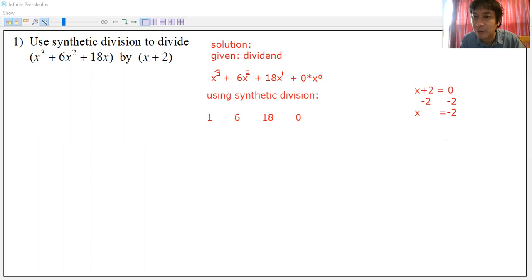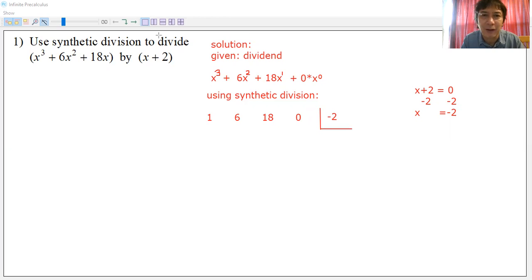And this is our trial divisor, the -2. So we're going to use this -2 over here, and we shall try to do the process. This is our trial divisor over here.